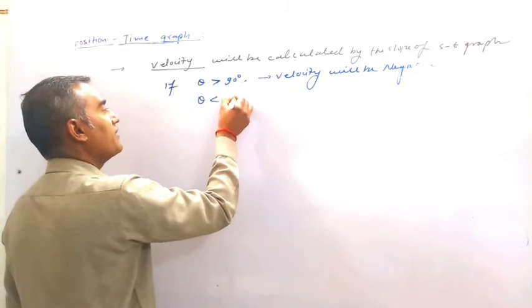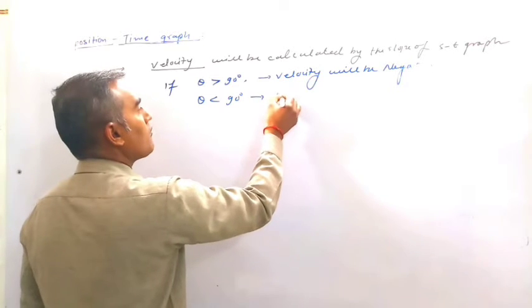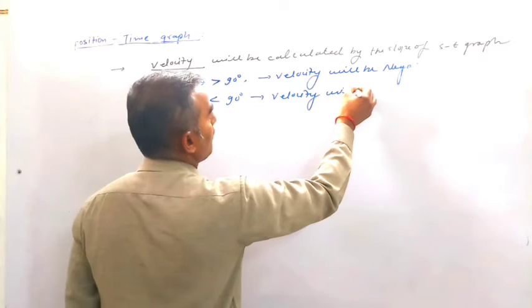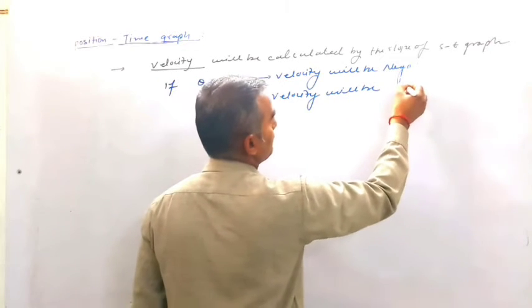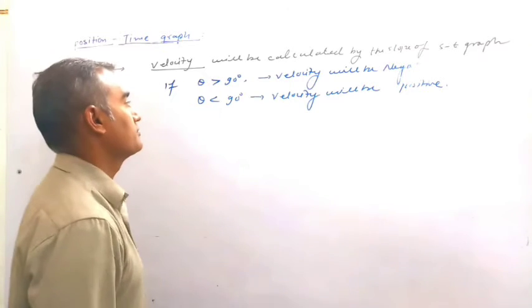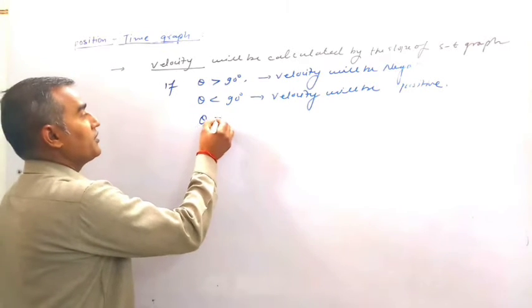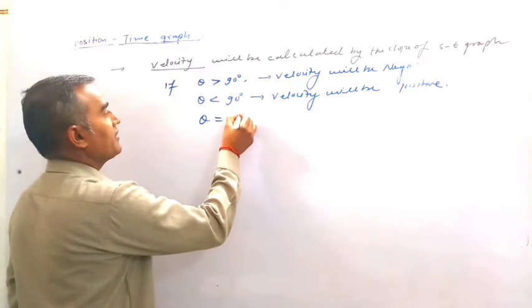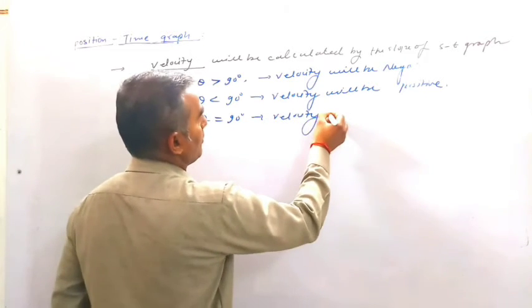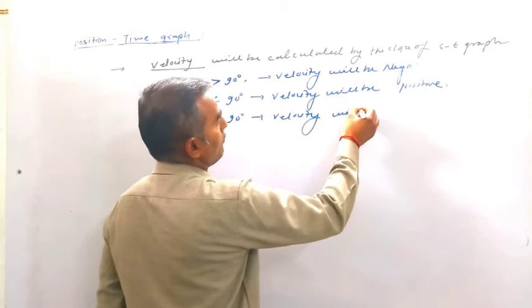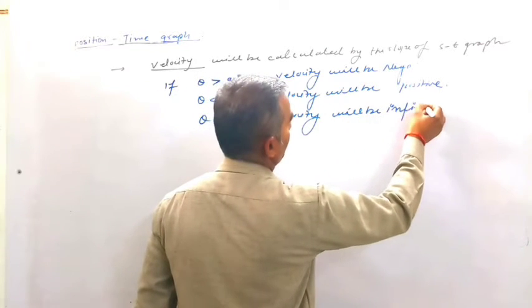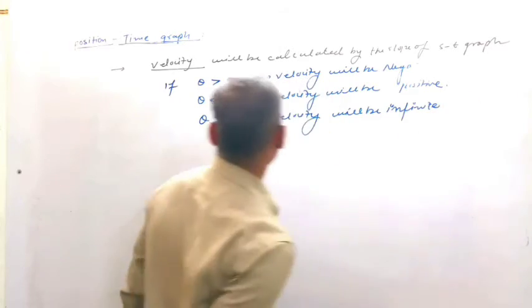Theta less than 90, velocity will be positive. Theta is equal to 90 degrees, velocity will be infinite.